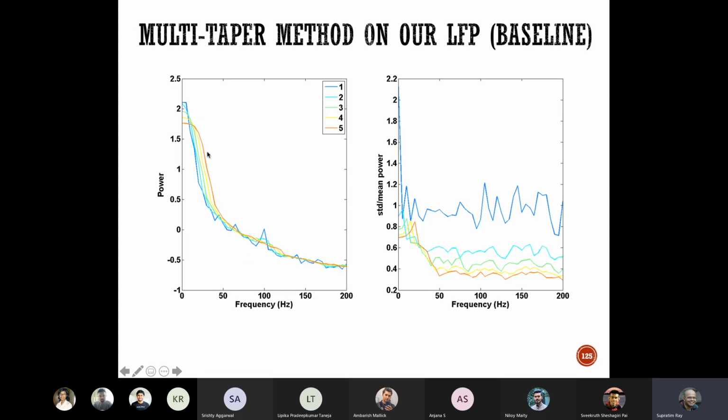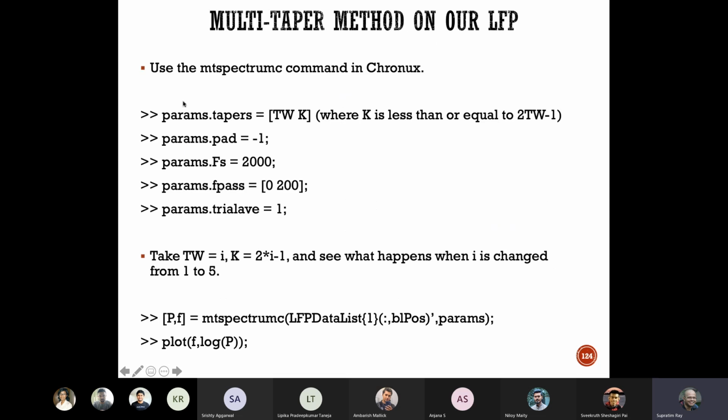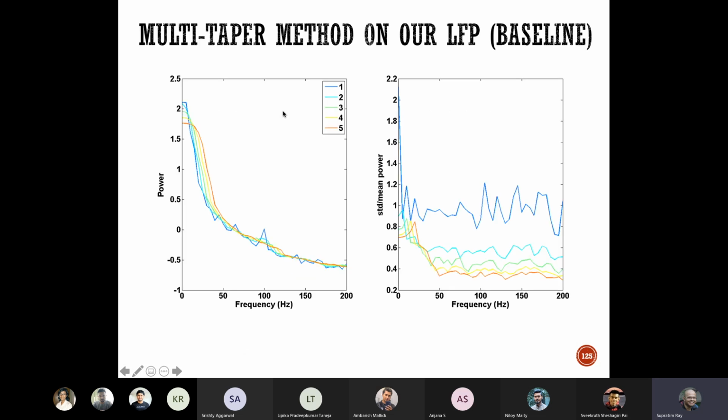But I can also run the multi-taper by setting TW to 2. It's the same command where you just make this 2, 3. Multi-taper spectrum, params.tapers is set to 2, 3. And then it will give me this cyan curve.